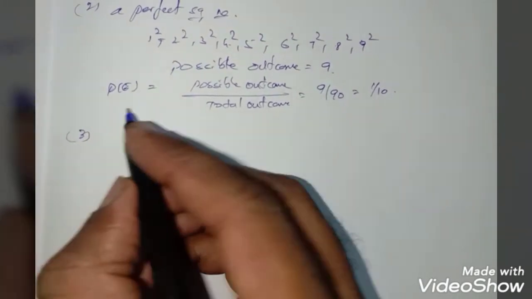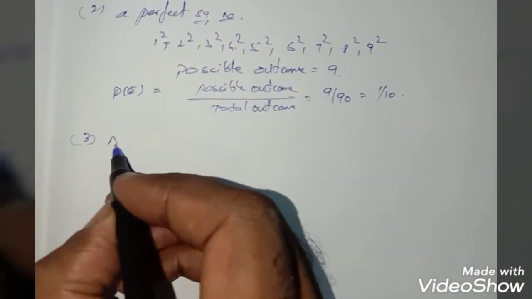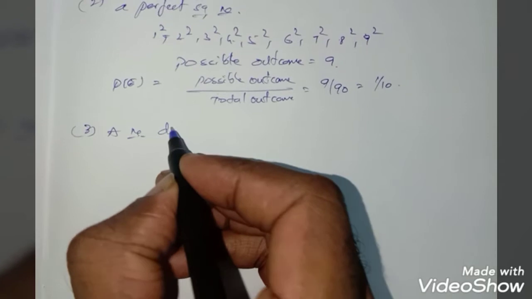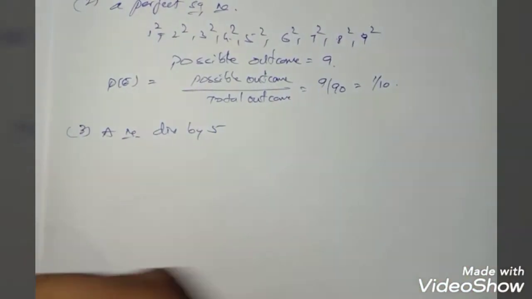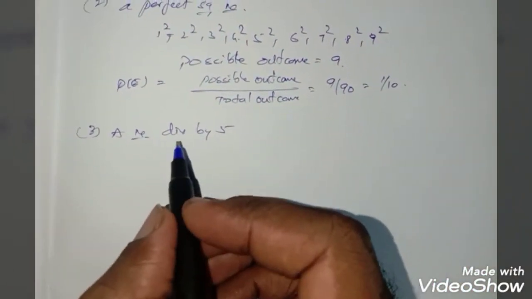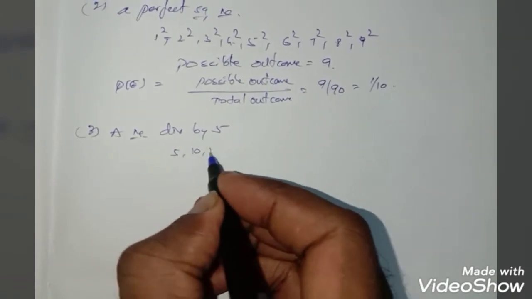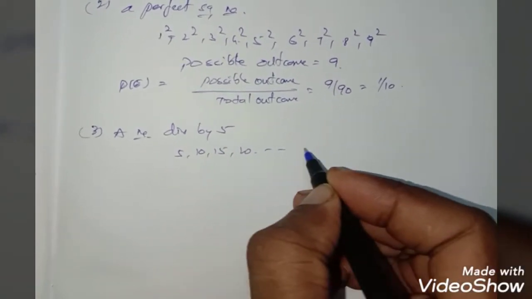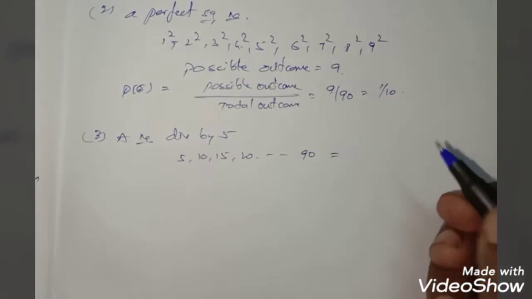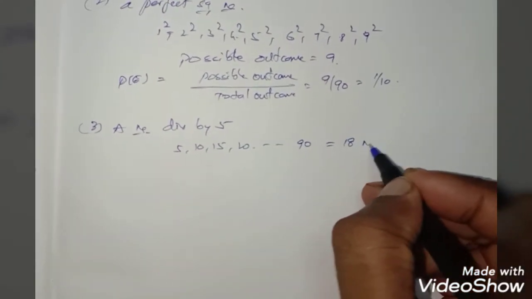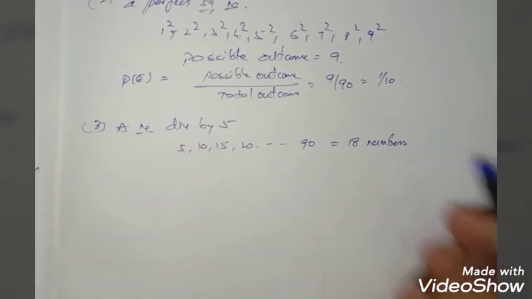Now what is the third question they asked? A number divisible by 5. Now numbers divisible by 5 are nothing but 5, 10, 15, 20, and so on up to 90. So altogether you will have 18 numbers, right?